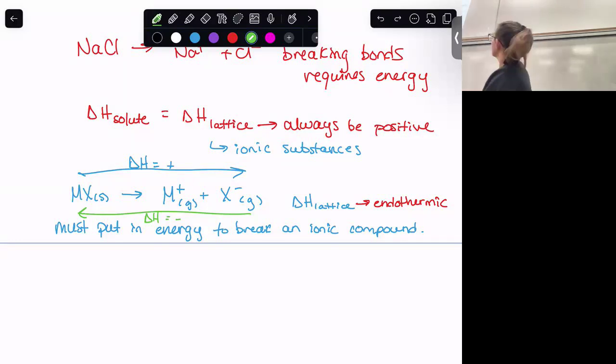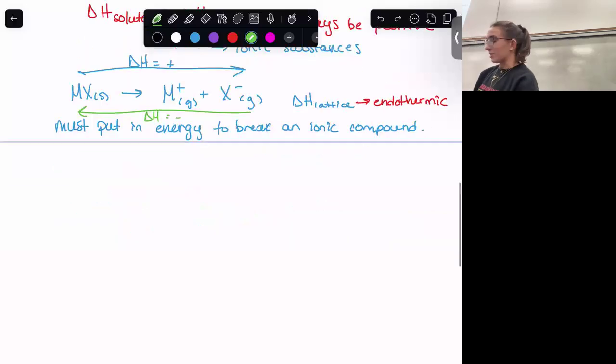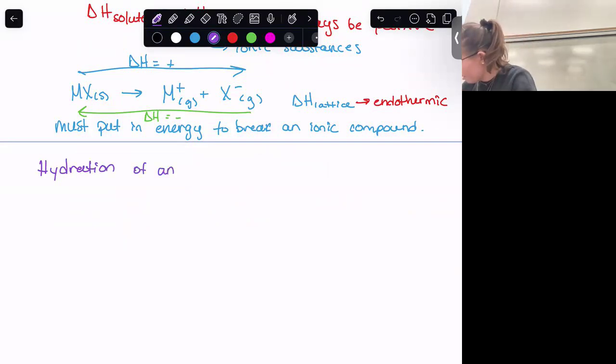All right, so now we created a spot where we have two charges. But the other half of this is that the hydration, right, or the actual dissolving of this, is always exothermic.